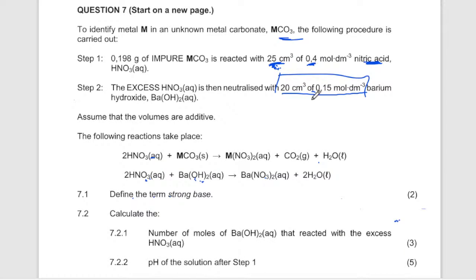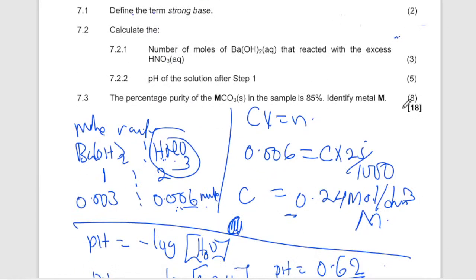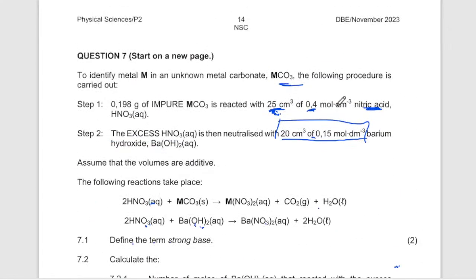Now, number 2, they say that excess nitric acid was reacted with barium. But now we don't know how much we started with, how much reacted, and how much remained after reacting. So we have to calculate all that so that we can score these 8 marks. How much we started with, we can calculate.